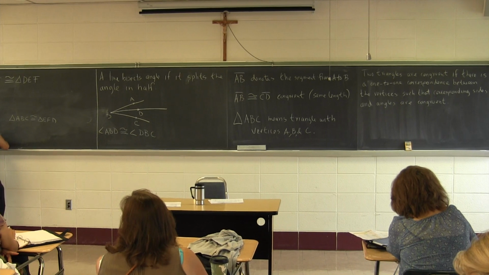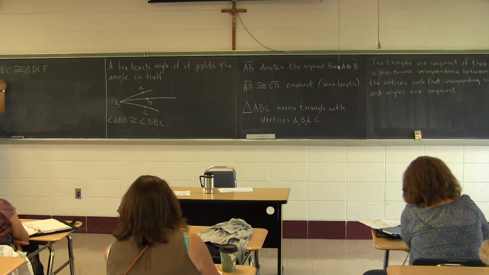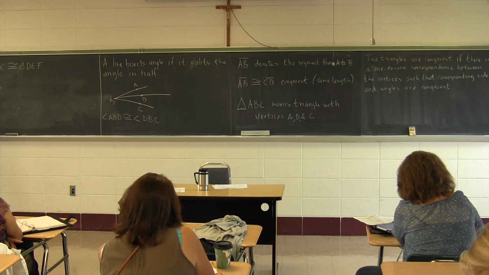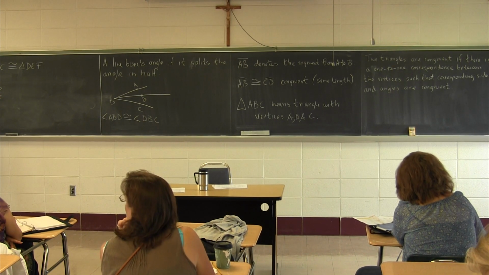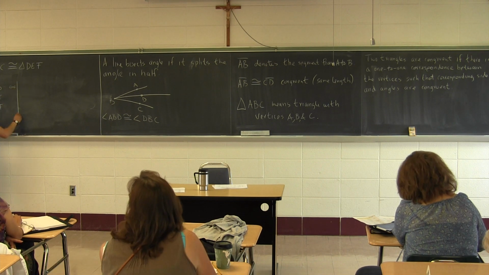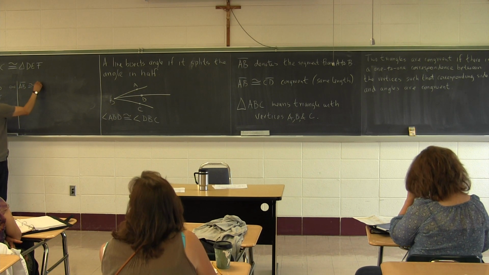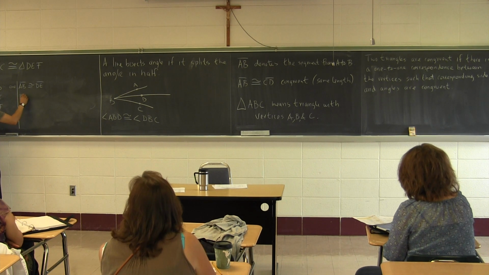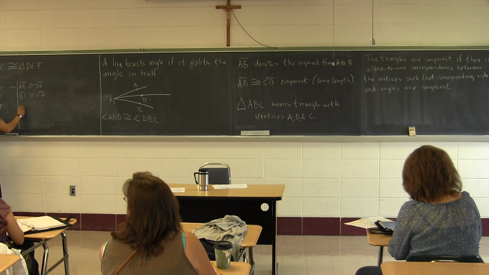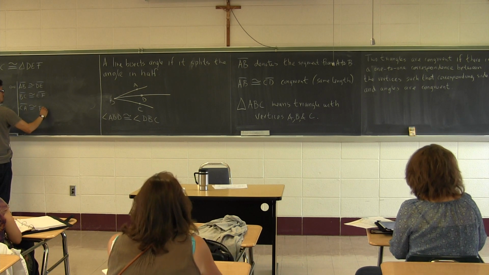So I'm just going to write this. So this means that also A goes with D, B goes with E, and C goes with F, and that this segment is congruent with this one, this segment is congruent with EF, and CA is congruent with FD.